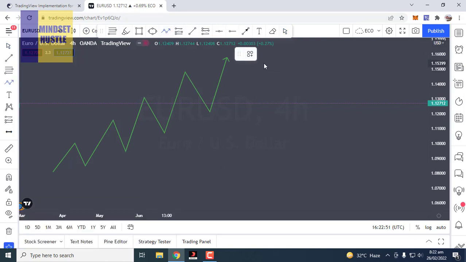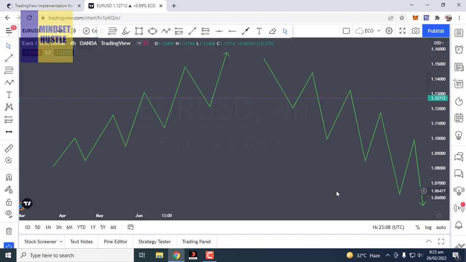So you have the market moving from top to bottom, top to bottom, then to top to bottom to top, and look at what is happening. We are breaking the lows that are being formed in the market.